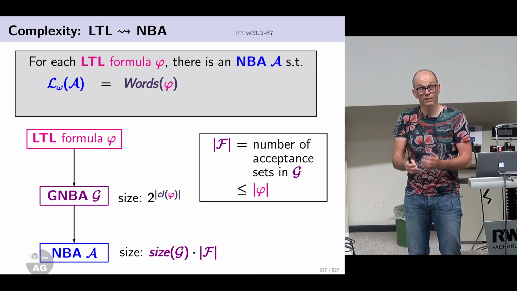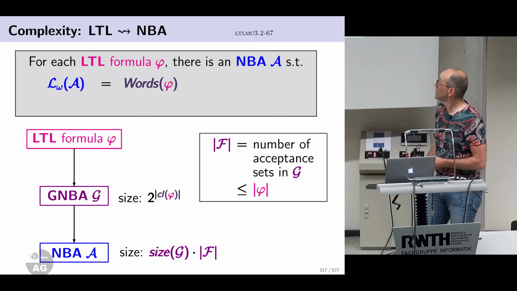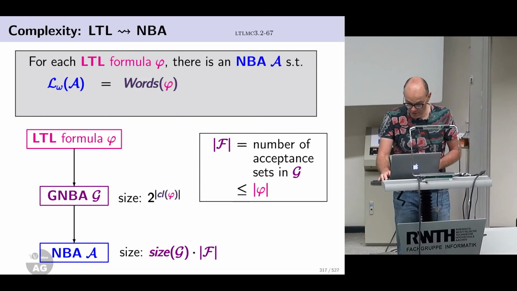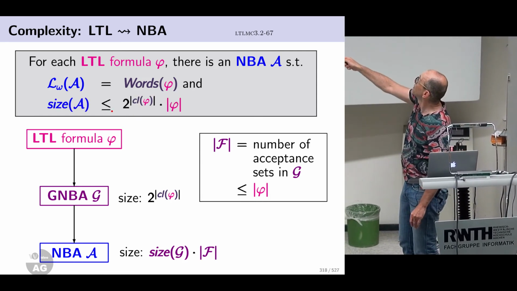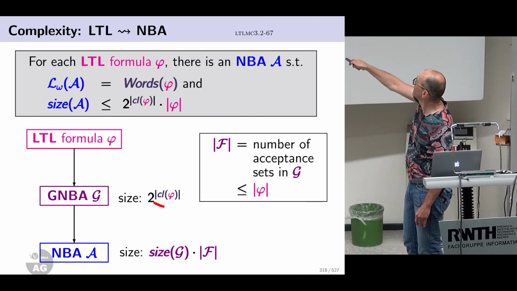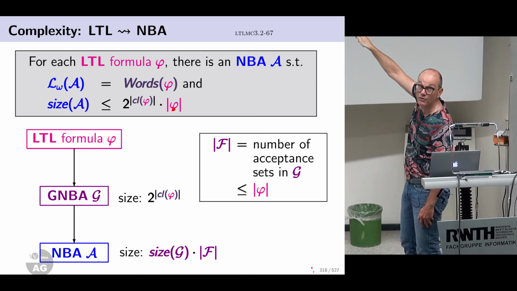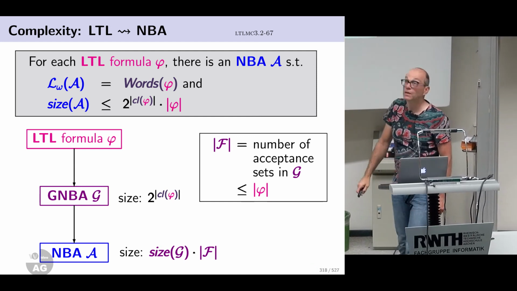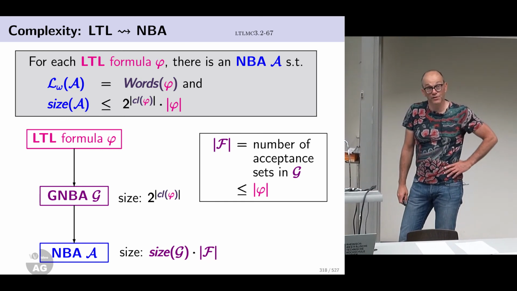So the blow-up is in the number of states. So this is the size of this automaton. And that means that the size of the NBA is at most 2 to the power this thing, times the number of accept sets, which is in the worst case the length of the formula. So this is the size of the automaton that our algorithm provides.